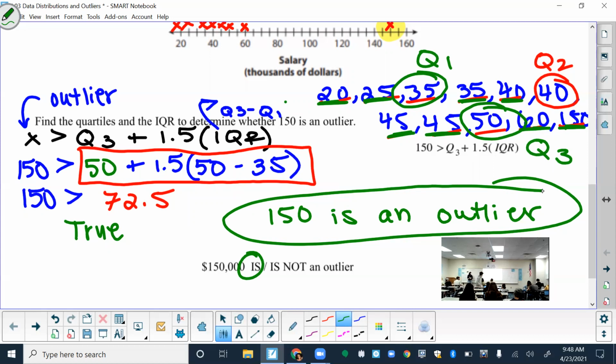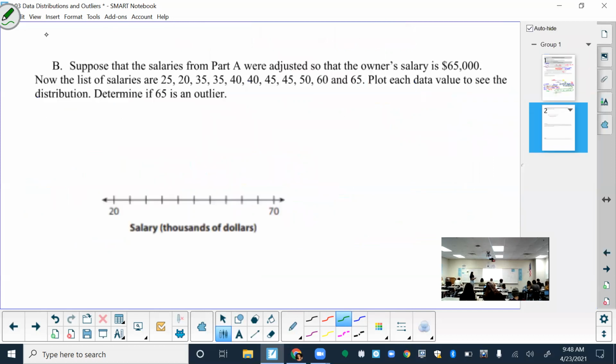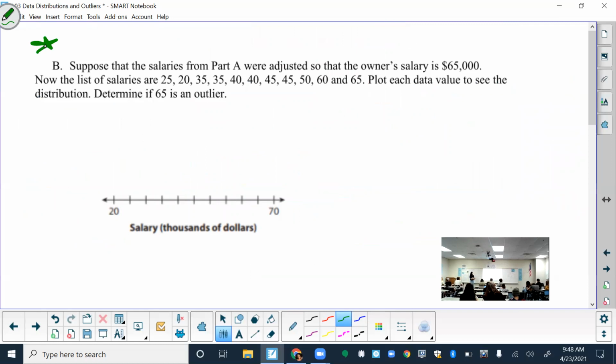All right, I'm gonna have you try the next one, and I'll leave this up so you have a reference. But the one I'm having you try is part B of this. So it's the same real world situation. We're still talking about salaries, except we're changing the owner's salary to 65,000.